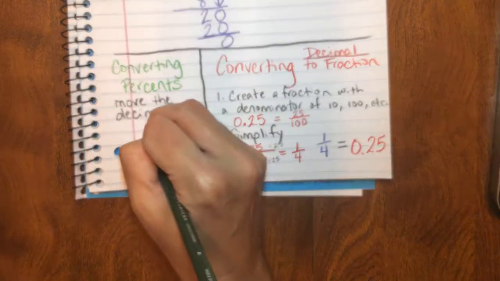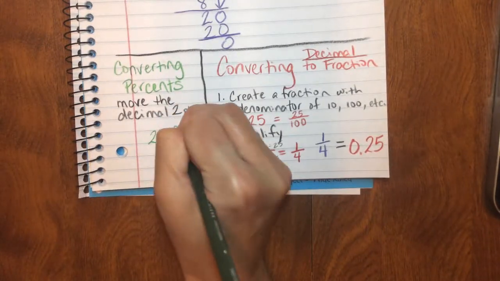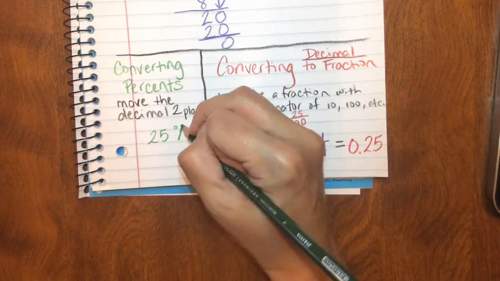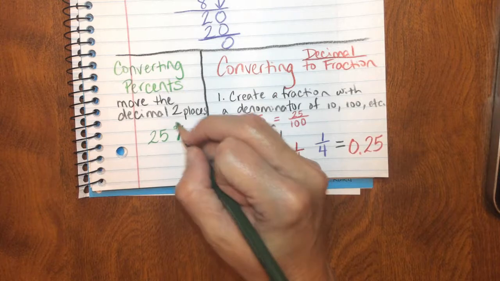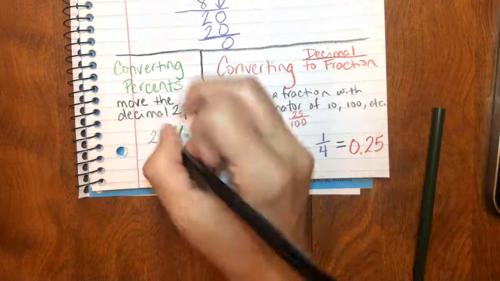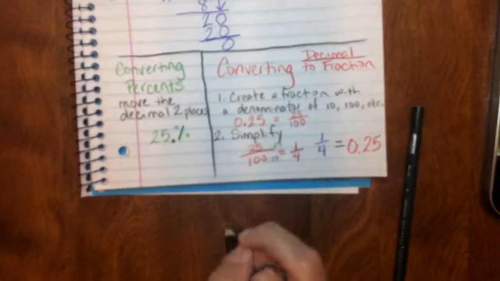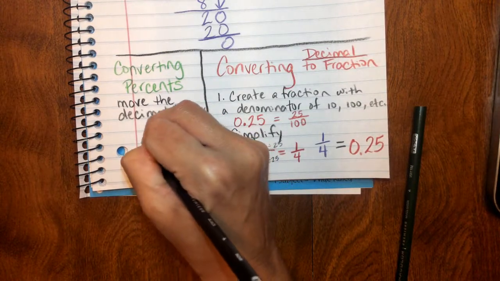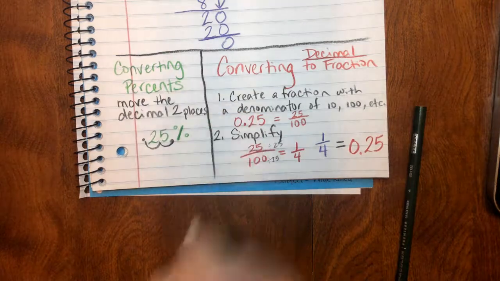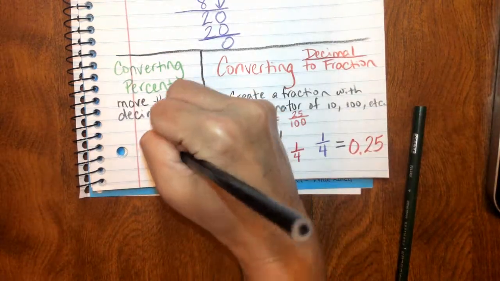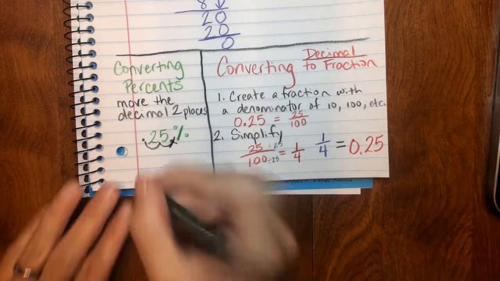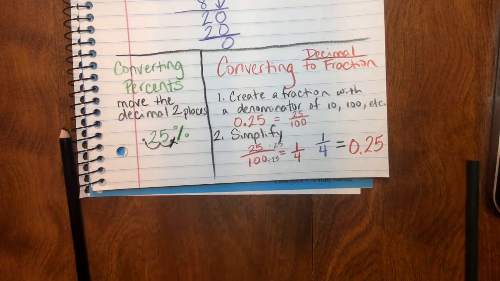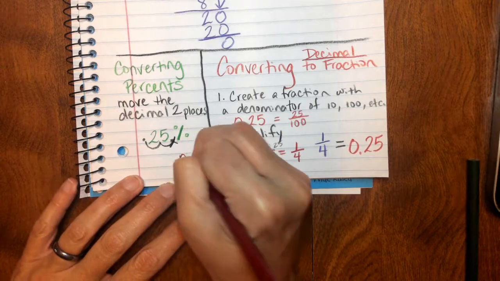I've got 25%, and if you forget, there's 2 little circles, 2 places. Right now the decimal in 25 is right there. If I want to turn this into a decimal or a fraction, the first thing I'm going to do is move my decimal place. And now instead of 25%, I have 0.25 or 25 hundredths.